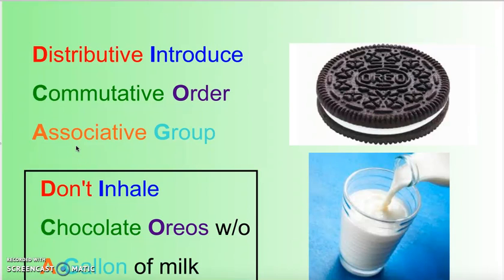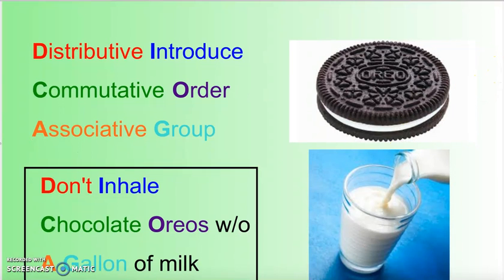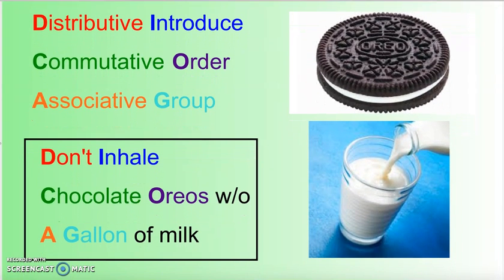Then associative property, we switched the group of numbers so that we could solve or find the answer to the problem. One way to remember it, we talked about American Sign Language and different signals to remember those.